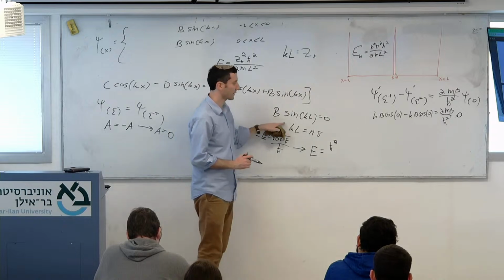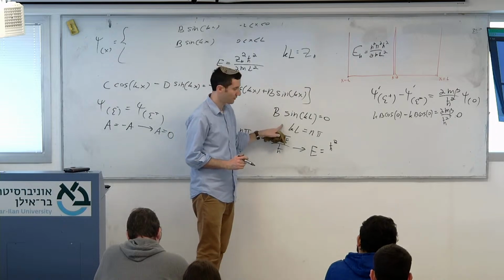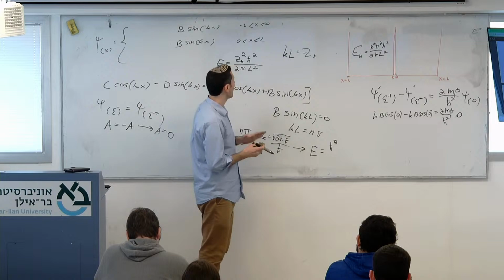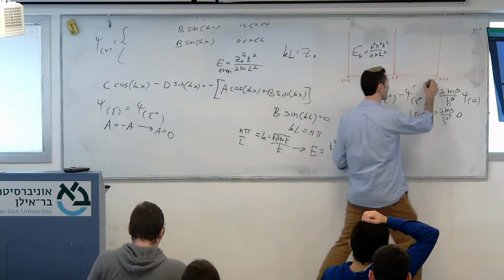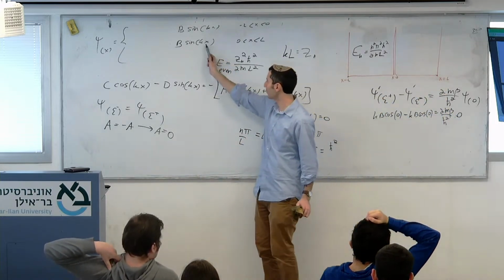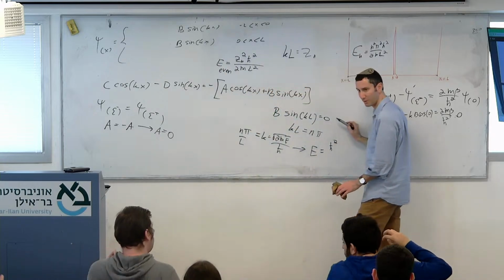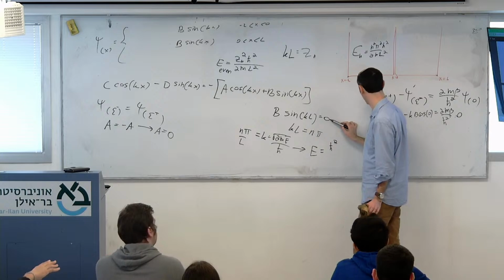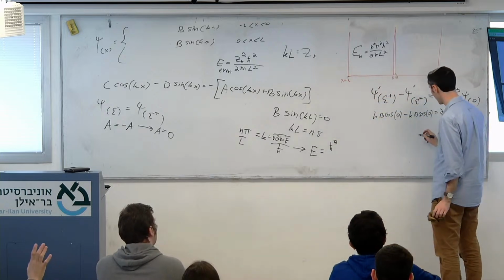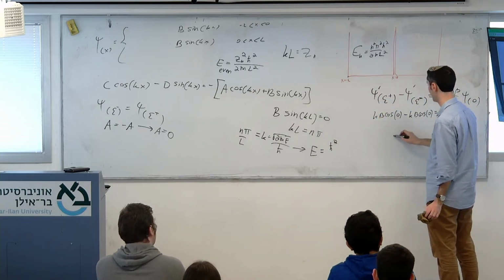The boundary condition here is that when x is L, it is going to be 0. So B sine KL is 0. The equation on the right gives me nothing, 0 with 0.